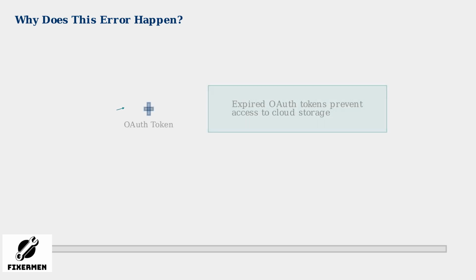The Bongo Cat Cloud Sync error typically arises from two main categories of problems: authentication issues and data transmission failures. Authentication problems occur when Bongo Cat cannot properly verify your login credentials with the cloud service. This often happens due to expired OAuth tokens, which are like digital keys that grant permission to access your cloud storage.